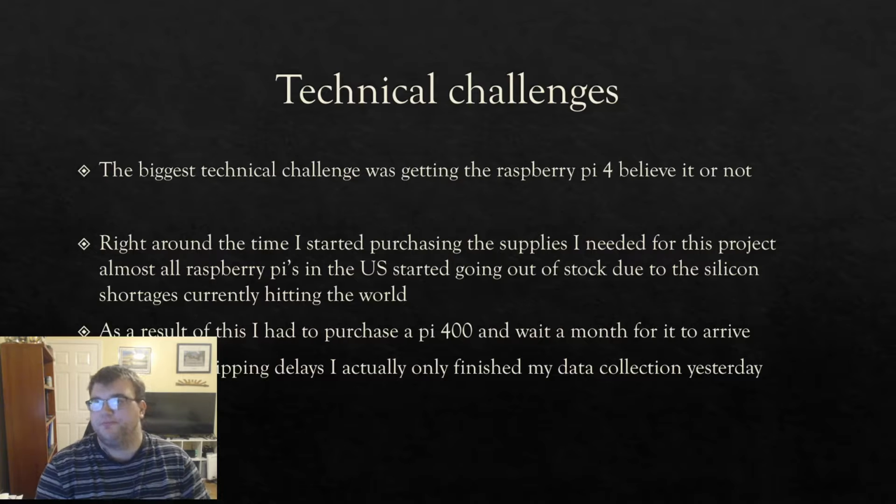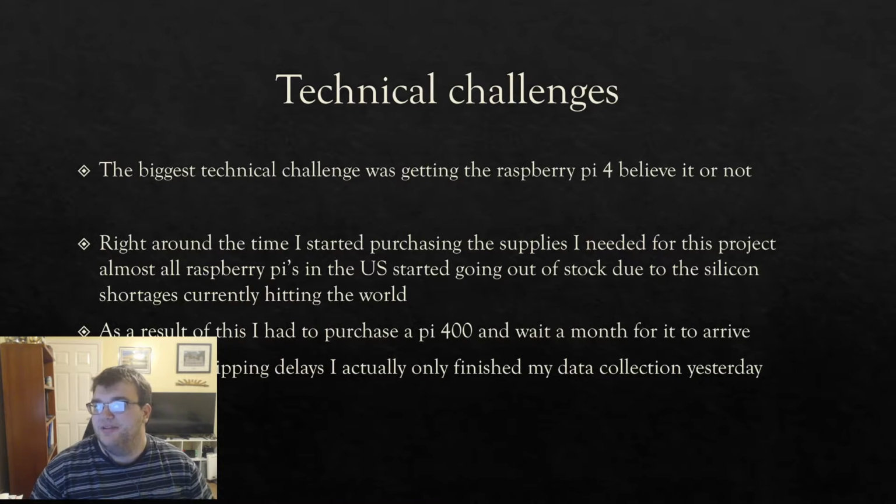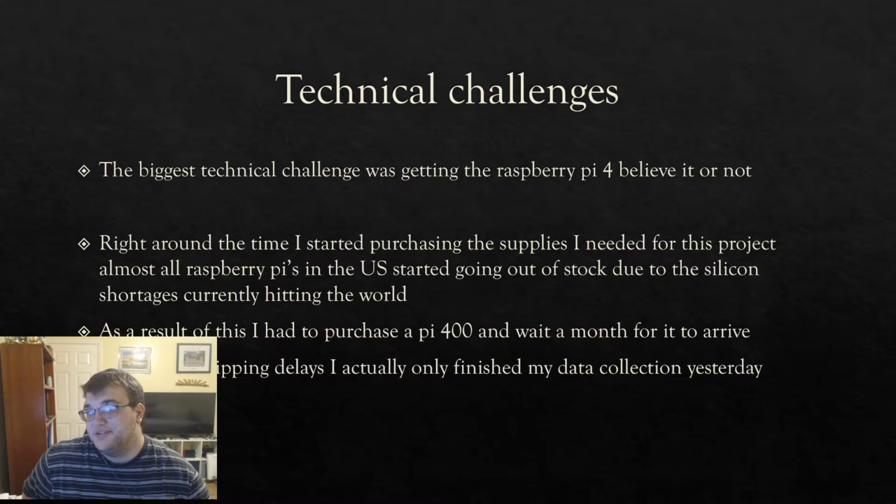And so between when I bought it, when I got it, and when I got the program running long term, I only had about a month and a half left. And that leads into the other big technical issue I had, which was about 4 days after I started running the project, we had a power outage that lasted 6 hours and bumped the data, and I had to restart it.